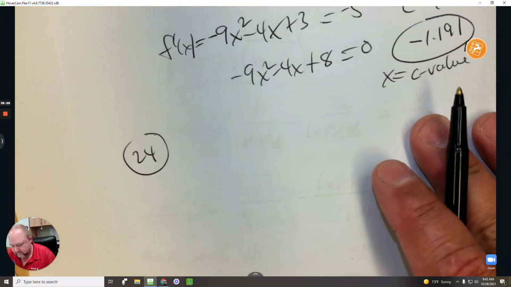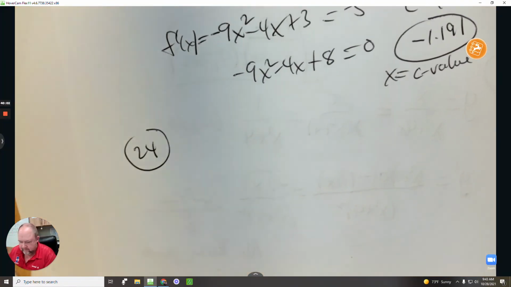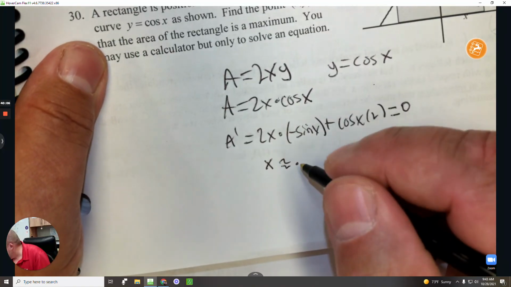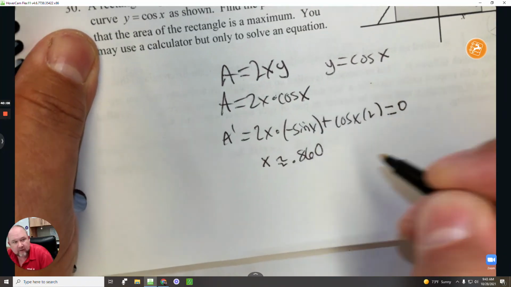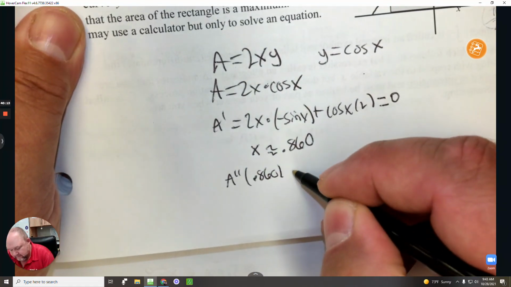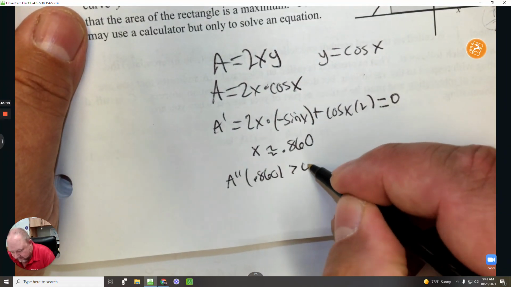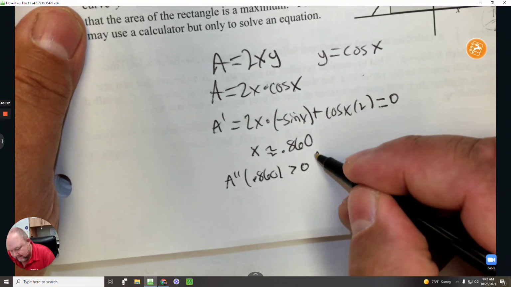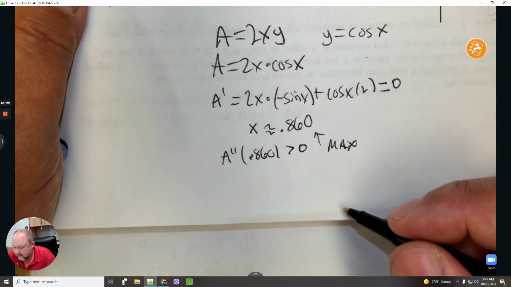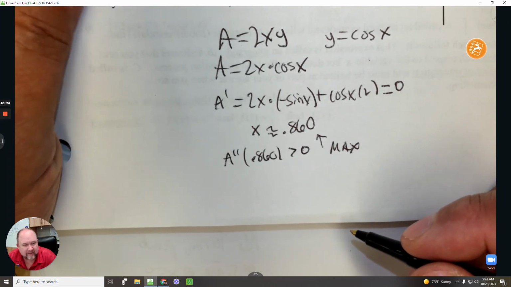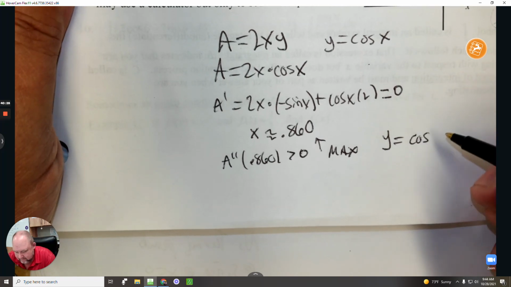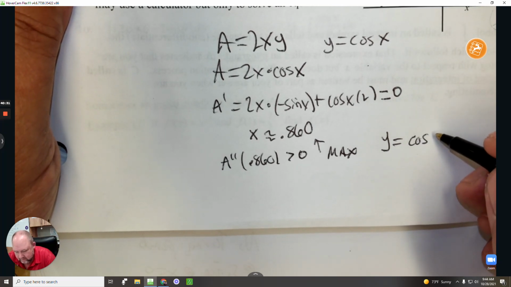So that's good. Oops, let me put it in here. This is what I found out. It's 0.860. When I did the second derivative at 0.860, that answer is less than 0, which means that is a maximum. That's what we found out. And then it says find the what? The point. So I also need the y coordinate. So then I need to plug in 0.860 for cosine.